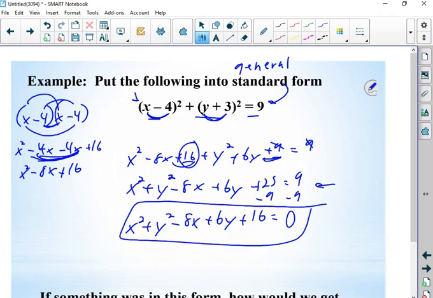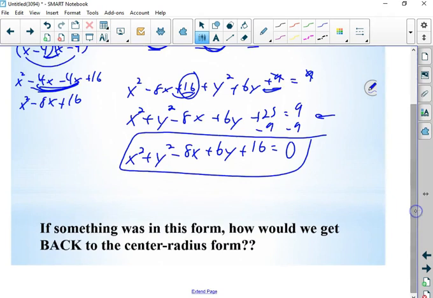But it goes back to standard form because when we talk about a regular linear equation, if you remember, standard form was ax plus by equals c. Similar idea. So if something was in this form, how would we go back? To center radius form. Well, we do that by squaring.